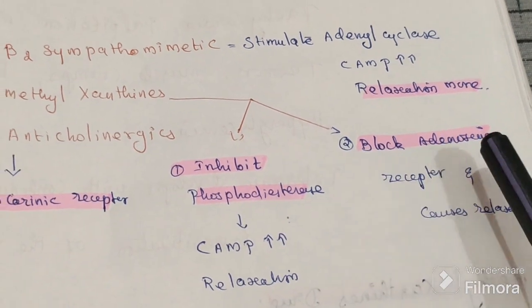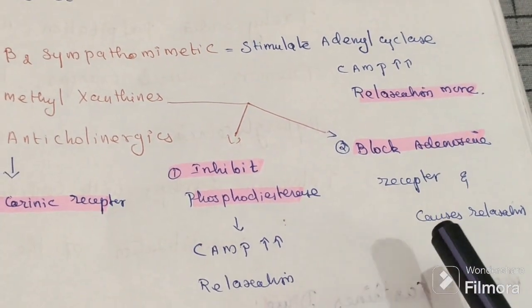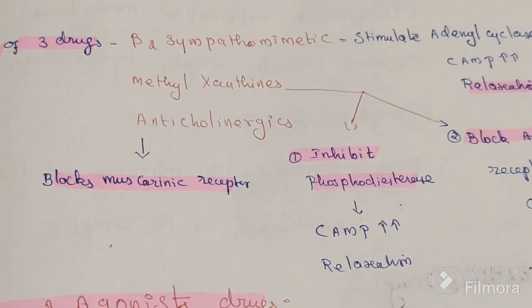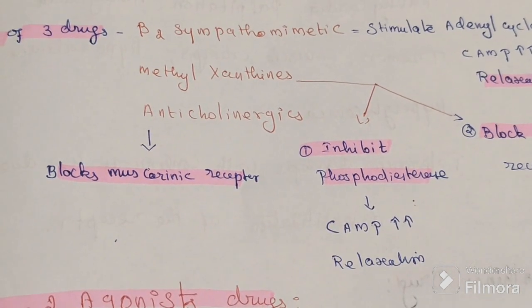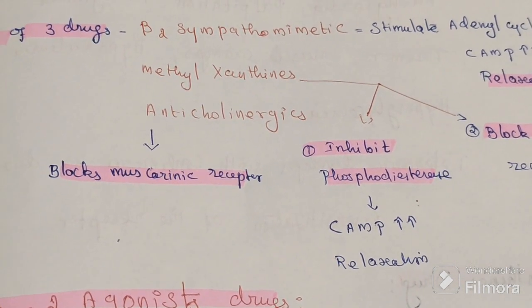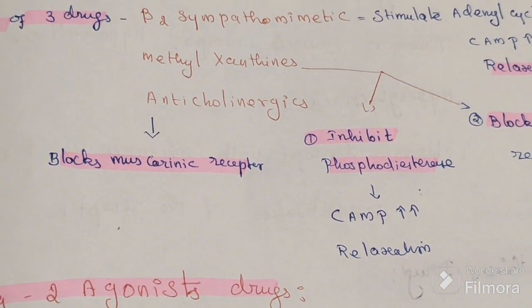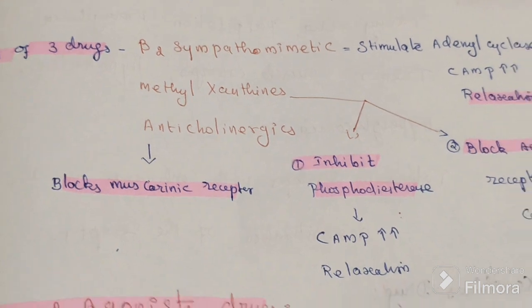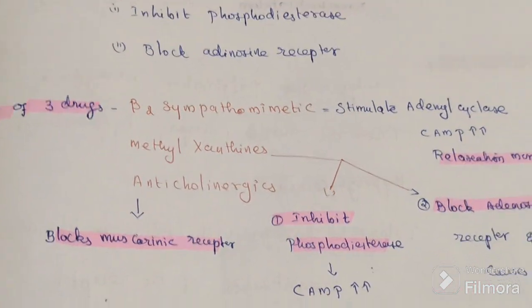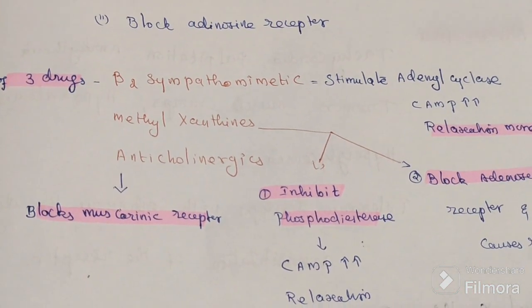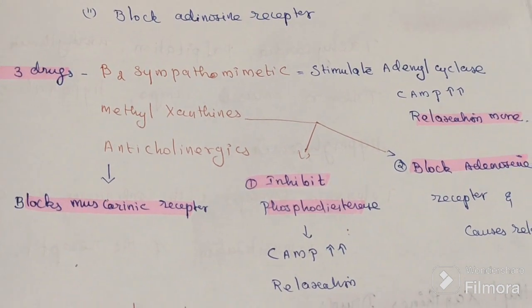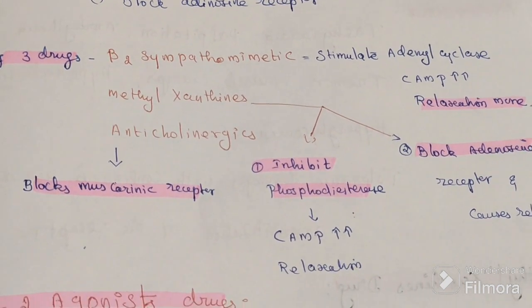Then it blocks the adenosine receptor and causes more relaxation. Last one is anticholinergic drugs. This one blocks the muscarinic receptor. So for each of the three drugs, we want to discuss their mechanism of action and adverse effects.